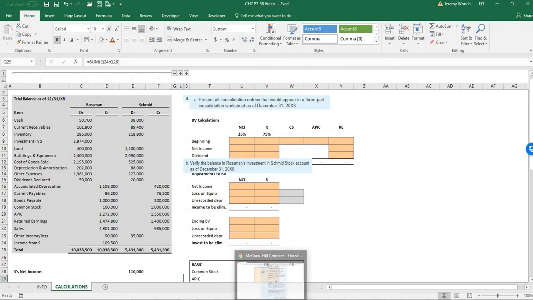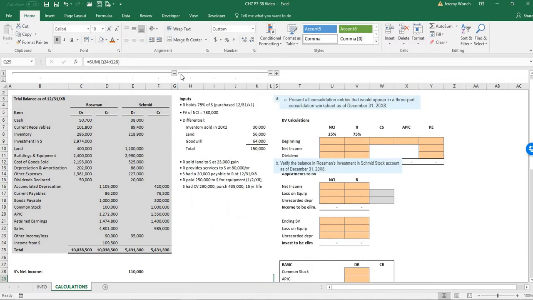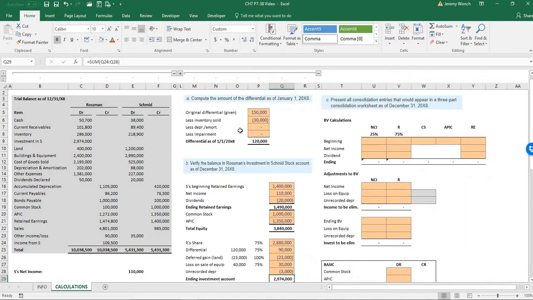There we go. Alright, so we want to go ahead and fill out our book value calculations.